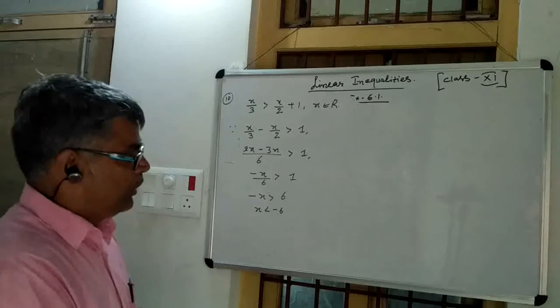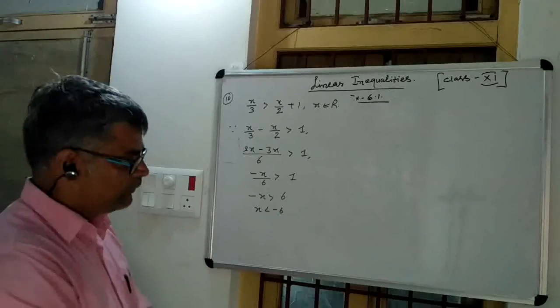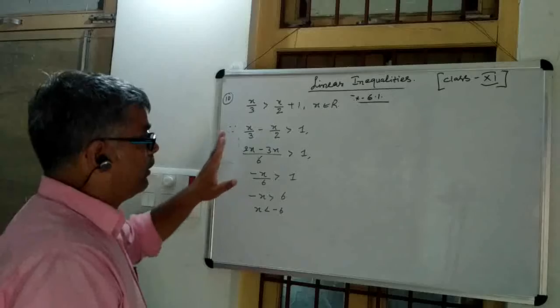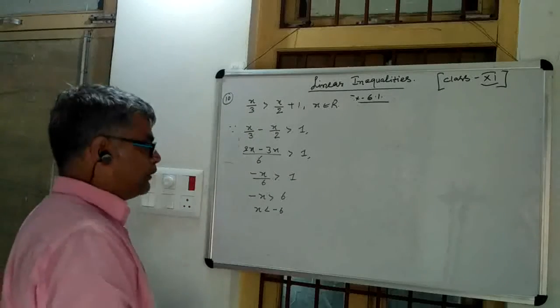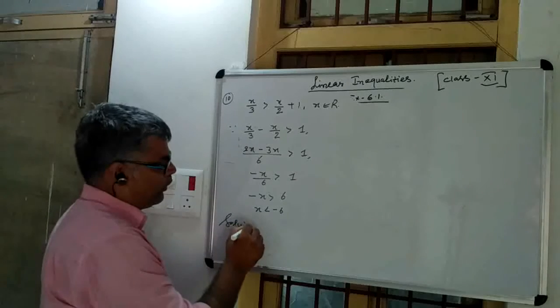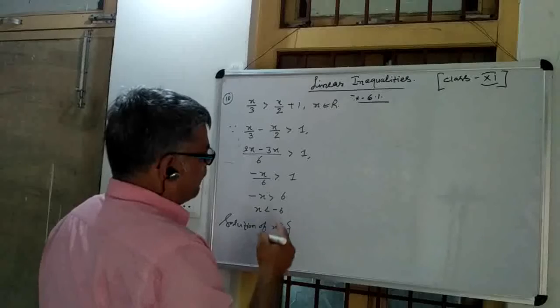This is the solution. All those values less than minus 6 are the solution for this inequality. So the solution of x equals all numbers smaller than minus 6.